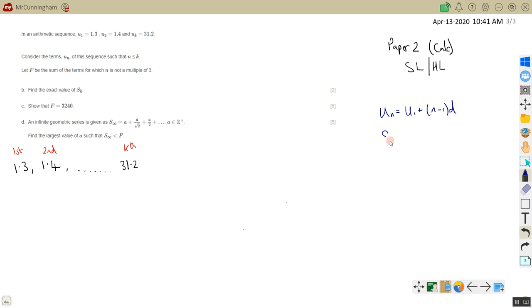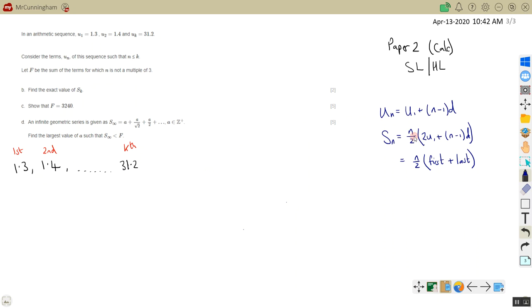And we're also told the formula for the sum of the first n terms, which is n over 2, 2u1 plus n minus 1 d. Or you could have n over 2, first term plus last term. Okay, and those are given to you.